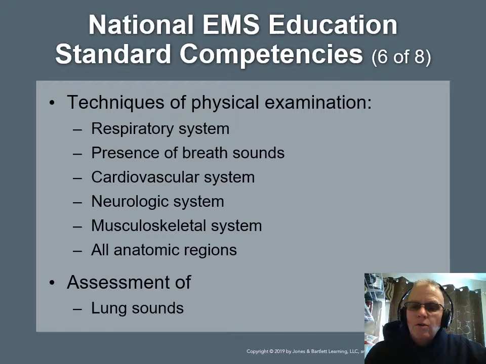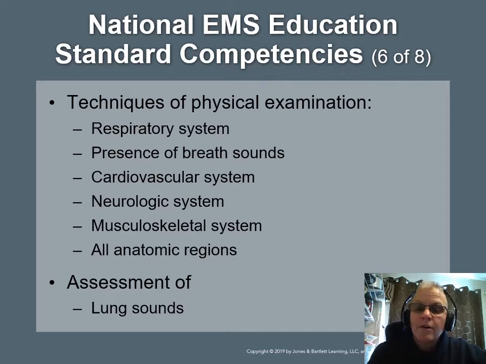We're also going to go into how to assess patients with complaints of respiratory compromise. We're going to teach you how to assess lung sounds, breath sounds, and what they're supposed to sound like, and what are some of the sounds that you hear that are not normal. We're going to assess the cardiovascular system, other things that we assess when we're assessing the cardiovascular system, like any edema in their legs or jugular venous distension.